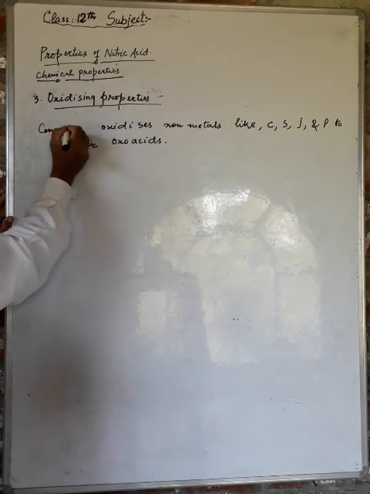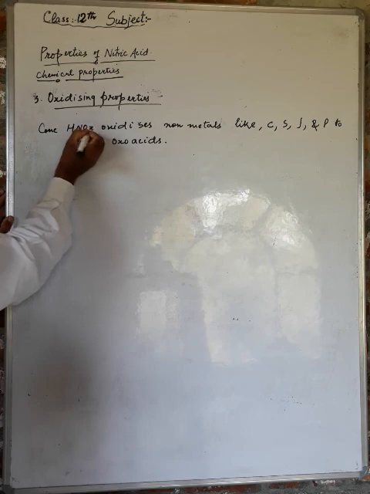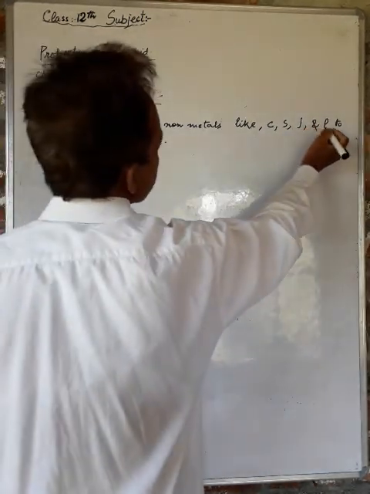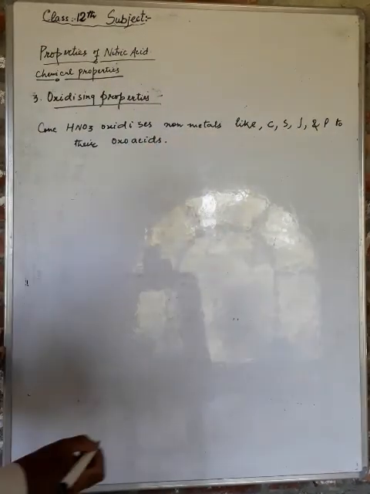Concentrated HNO3 oxidizes non-metals like carbon, sulfur, iodine, phosphorus to their oxo acids.